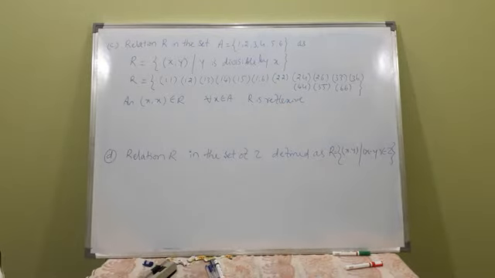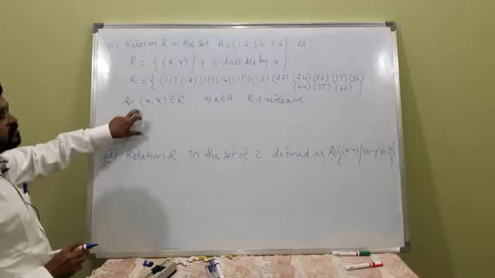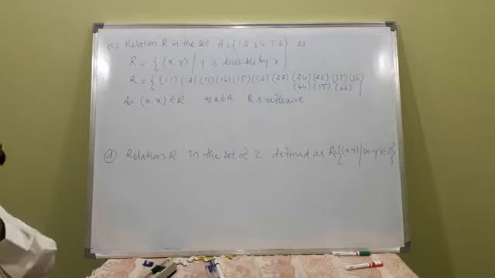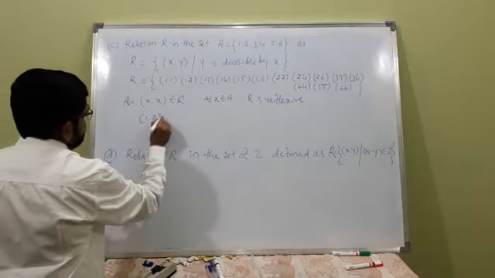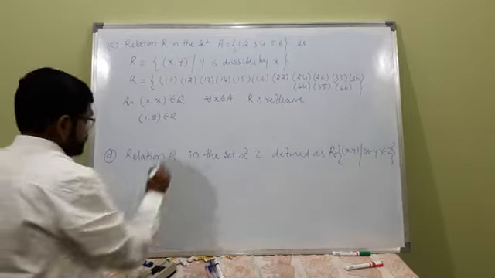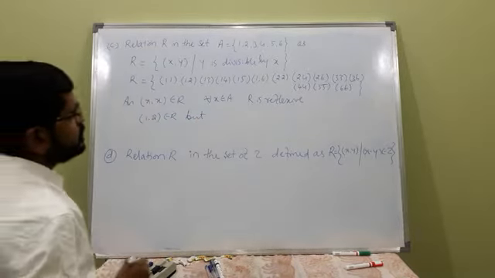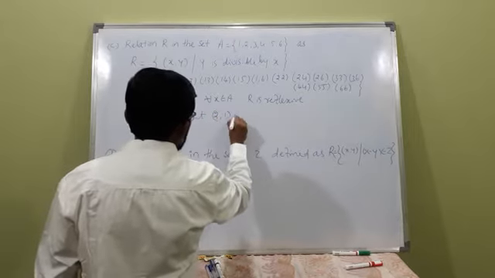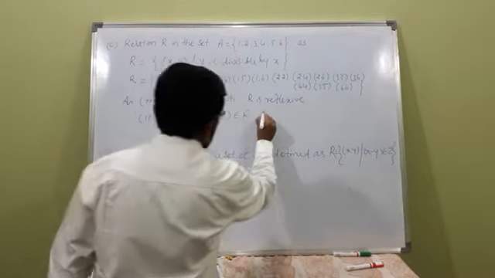Now to check the symmetry property. What is it? (1,2) belongs to the relation, but (2,1) does not belong to this R. R is not symmetric.